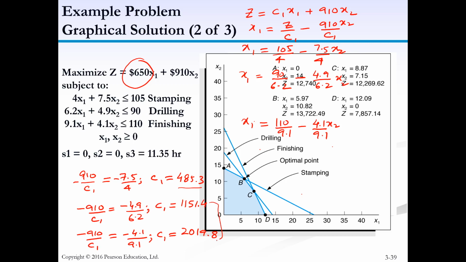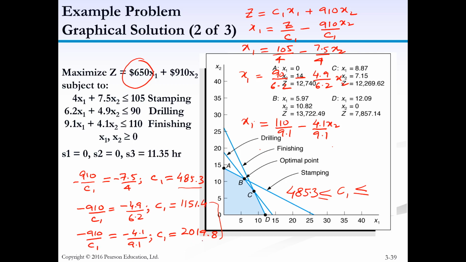So we can write down that C1. Lower is easy. We just say 485.3, right? And the upper is, there are two values. One is 1151.4 and another is 2019.8.